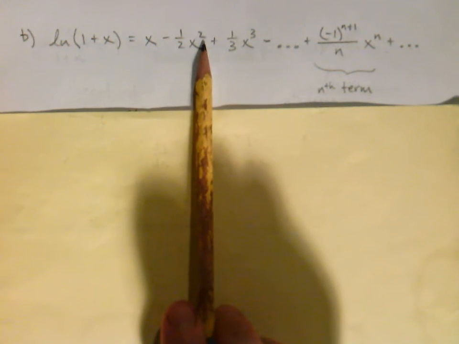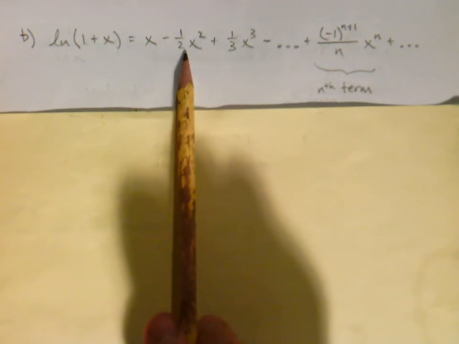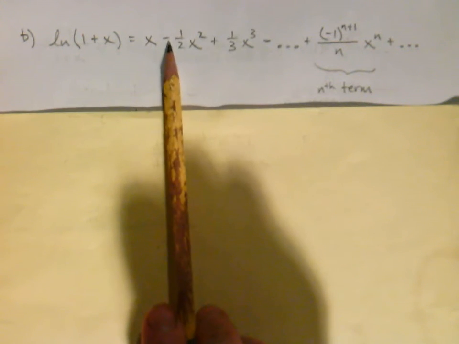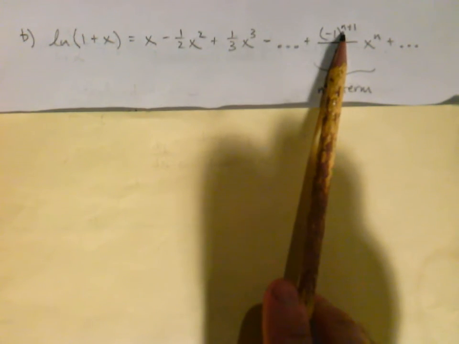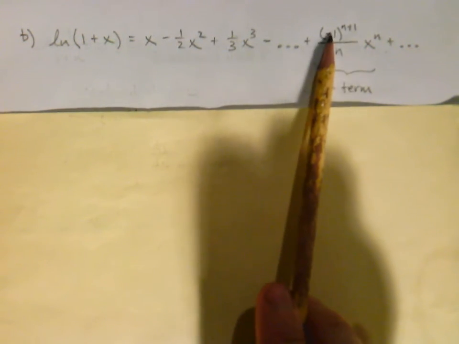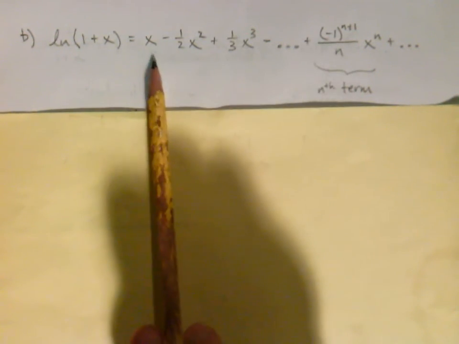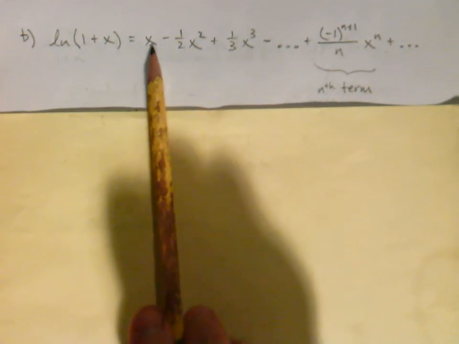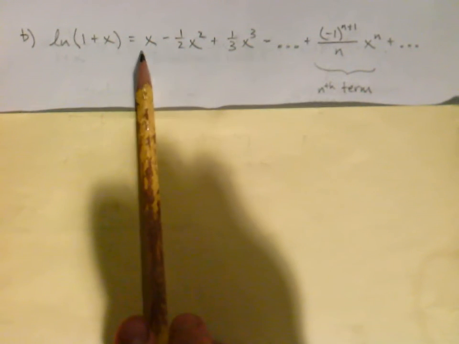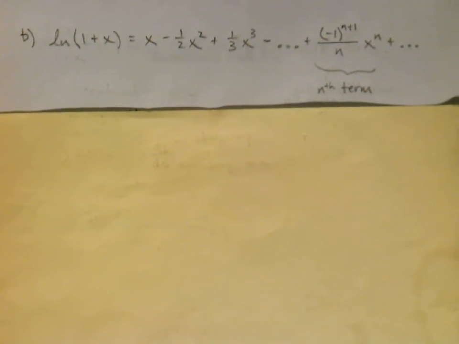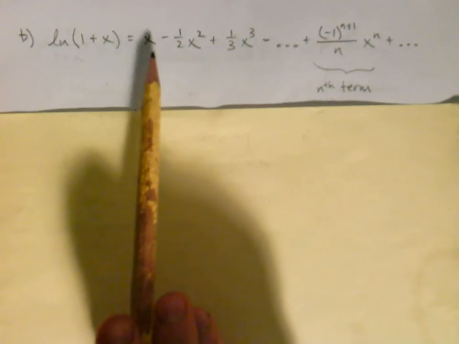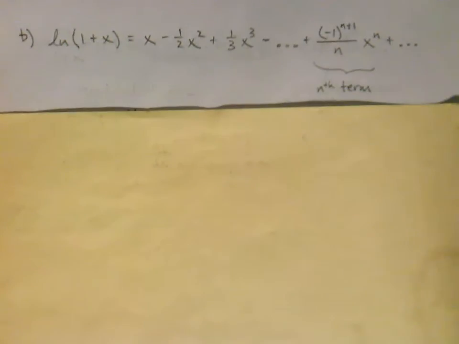Like if it's a 2, then we end up with a negative. But if n is odd, then when we add 1, we end up getting a positive. So like the first term here, we end up with just a positive 1. We call this type of series an alternating series when it goes positive, negative, just kind of a side note. That's what that part is connected with.